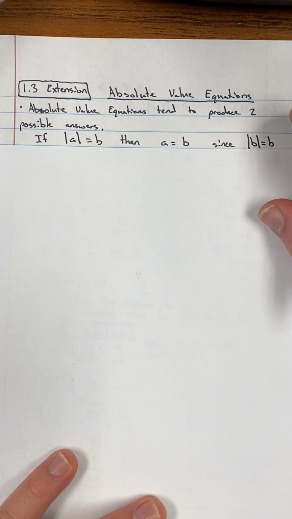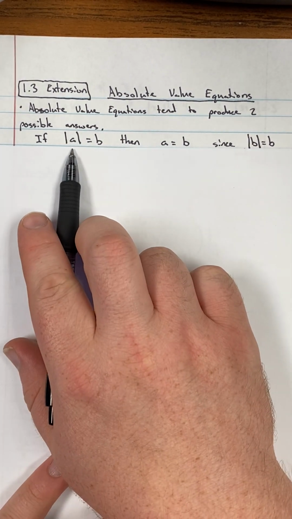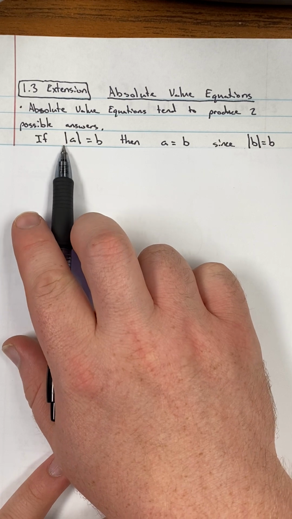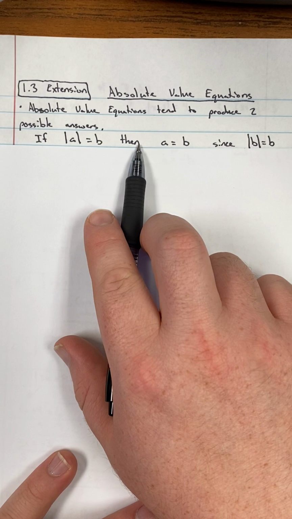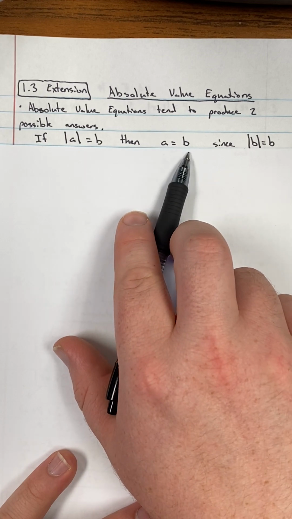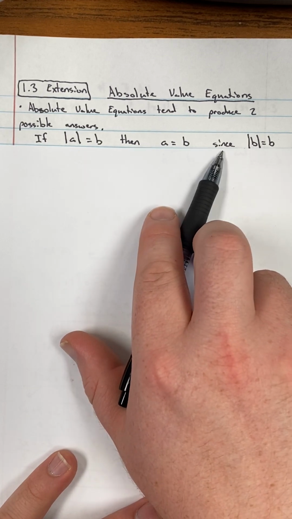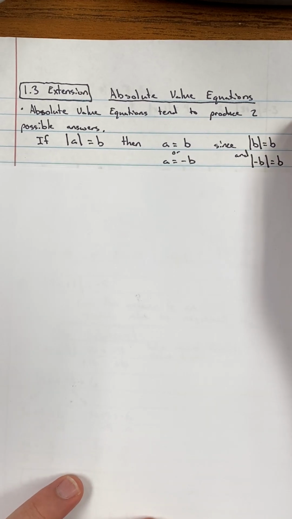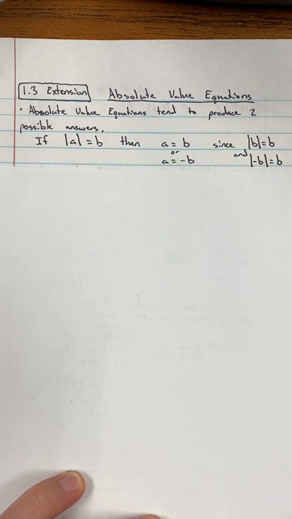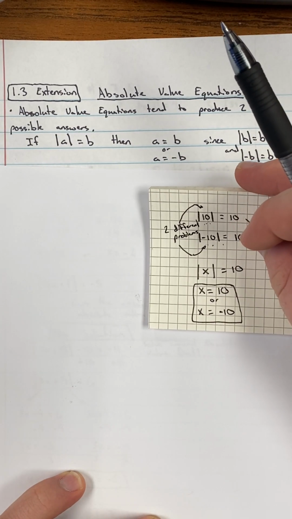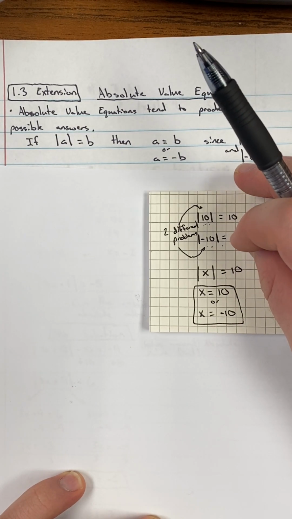So in other words, this is what's actually going to go in your notes: if the absolute value of a equals b, then a equals b or a equals negative b. It's kind of what we did before with the positive 10 and the negative 10, right?